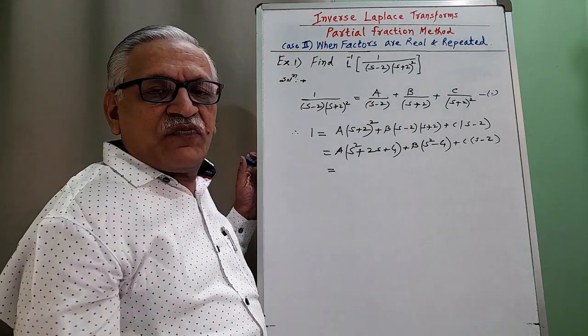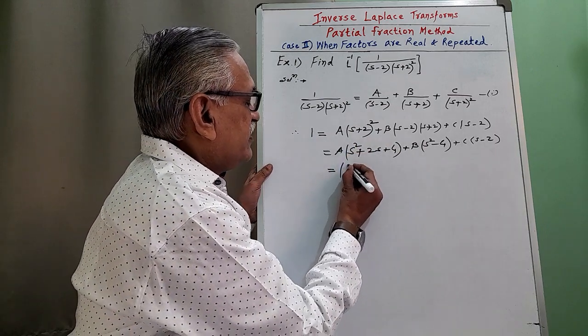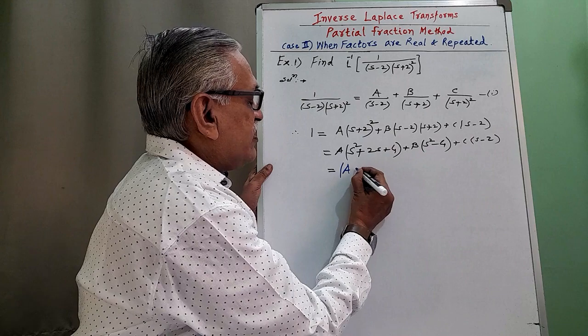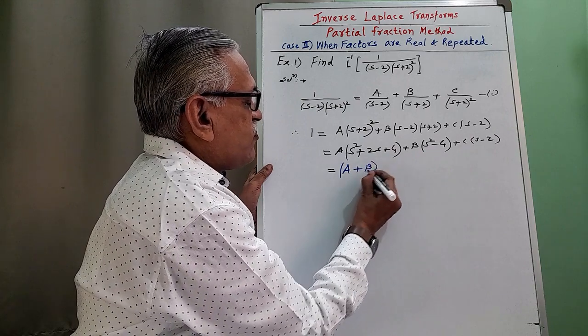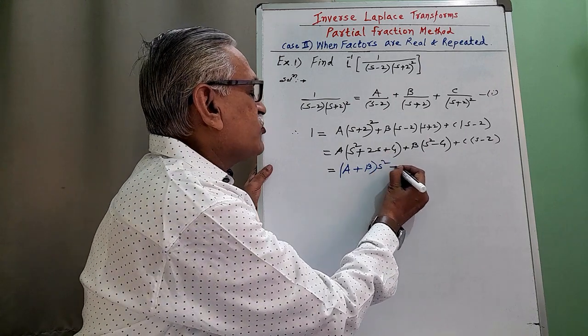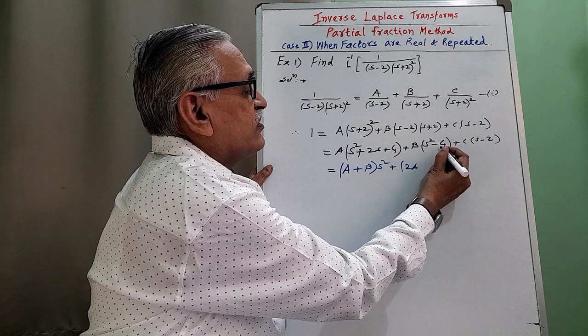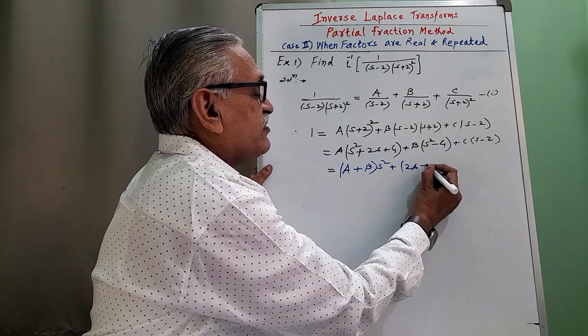Then collecting the terms of s square, s and the constant term. Taking s square common, we get (A plus B) into s square. Then collecting the terms of s, here it is 4A, no term of s from B, and plus Cs.